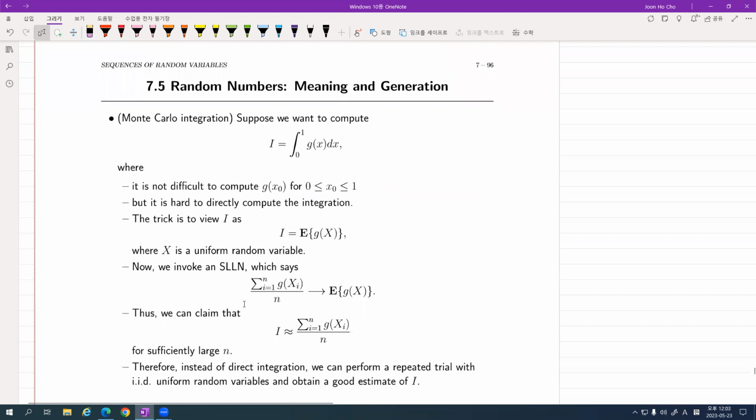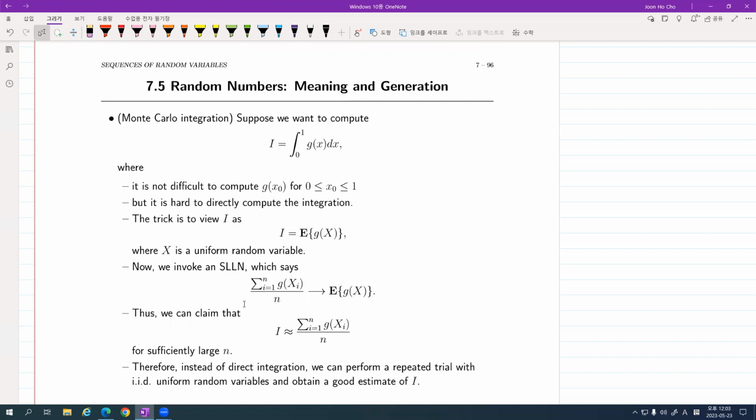Okay, so I believe I'm almost done. Here goes the Monte Carlo simulation, especially Monte Carlo integration. Some of you already know what I'm going to talk about. Suppose in your mathematical analysis, you are confronted with an integral to be evaluated.